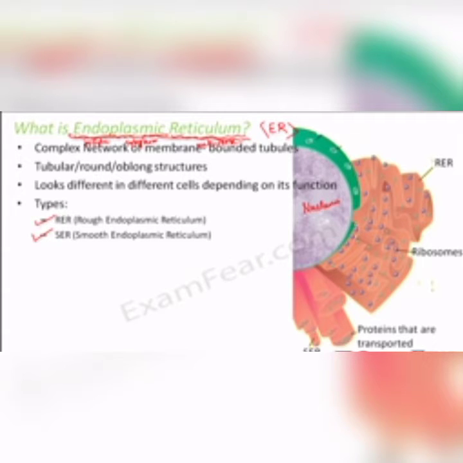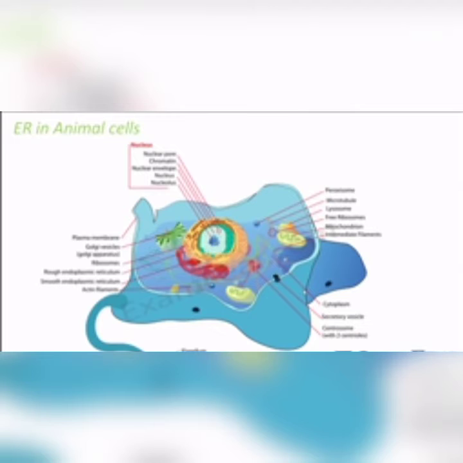This green colored structure which you see is the nuclear membrane. And these structures are the nuclear pores, and just attached to them is the rough endoplasmic reticulum. So the endoplasmic reticulum remains quite close to the nucleus. Now we will talk about the two types, that is RER and SER.